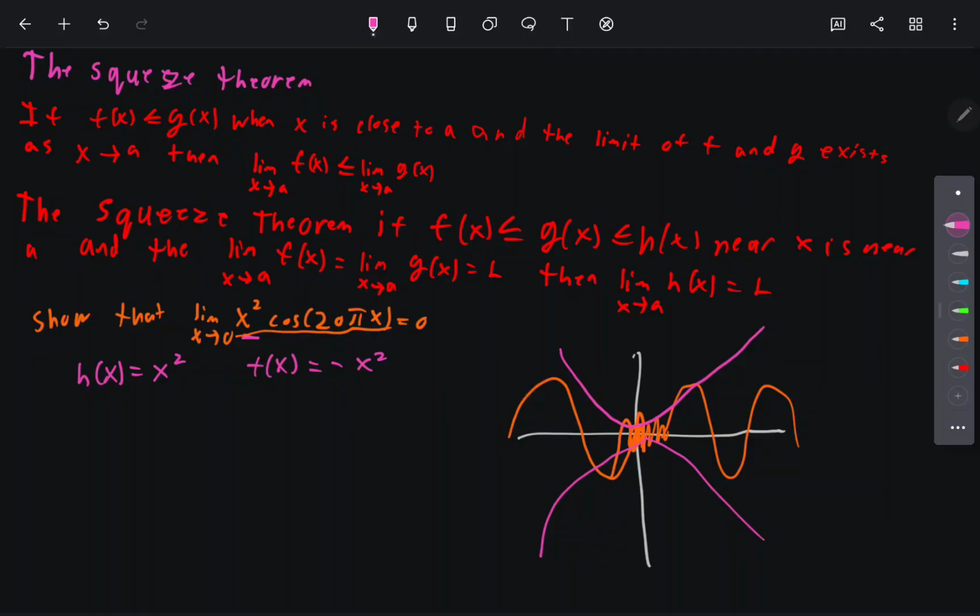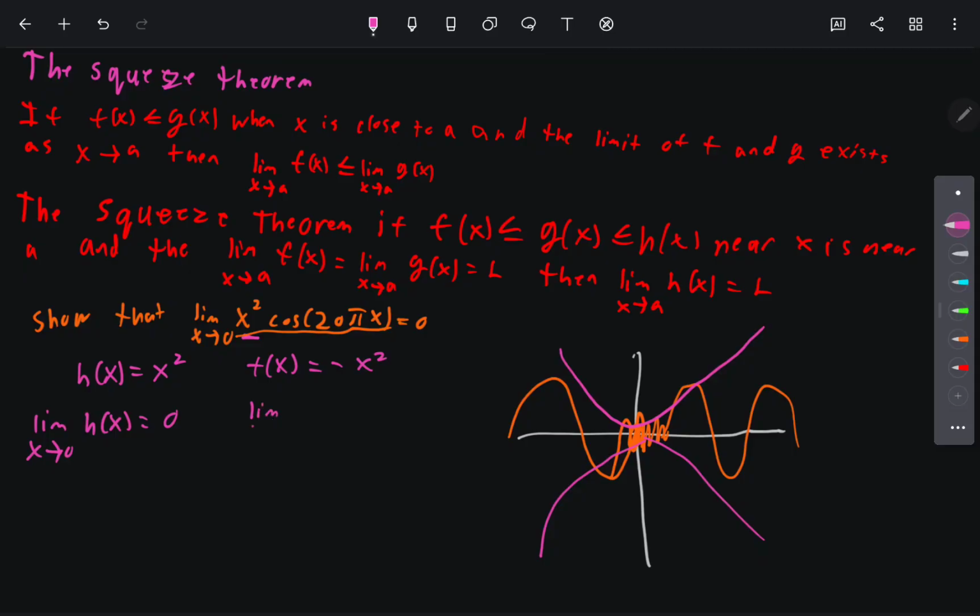Alright, so we now have our functions. Let's show that the limit for these two functions approaches L, so then we can show that this limit is going to approach L. Well, if we take the limit as x approaches 0 of h of x, it will approach 0 using direct substitution.